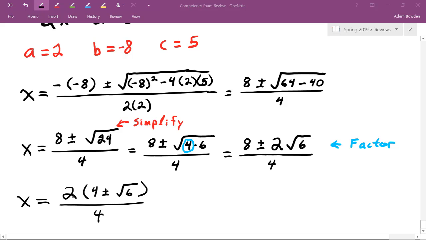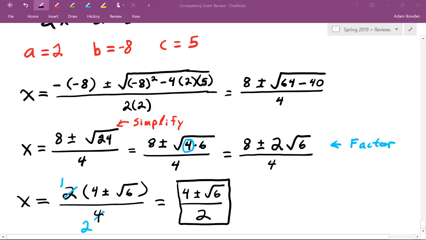Once you factor out a number, then you can reduce it with what's in the denominator. So 2 and 4 reduce to 1 and 2. And what we're left with on top is 4 plus or minus the square root of 6, all over 2.